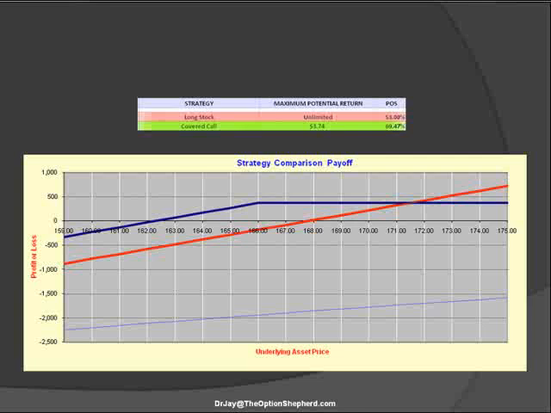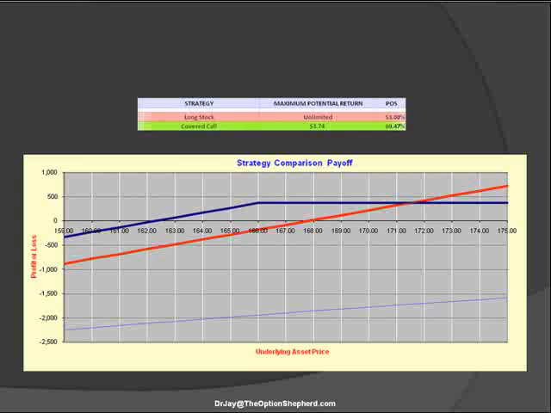Credit trades give up this potential of unlimited profits in exchange for a limited profit along with a higher probability of success. The profit-loss chart is on the bottom. The debit trade, in this case the long stock payoff, is displayed in red, the credit in blue.